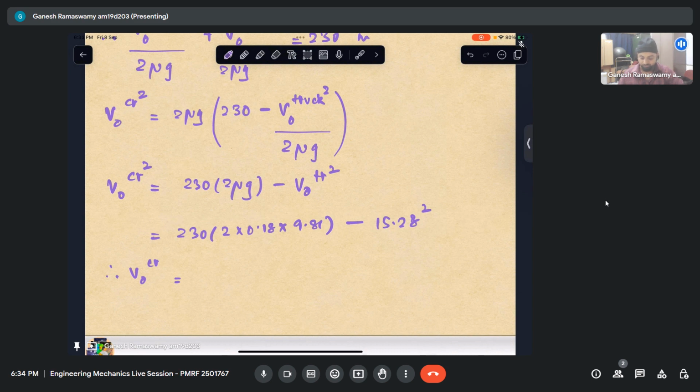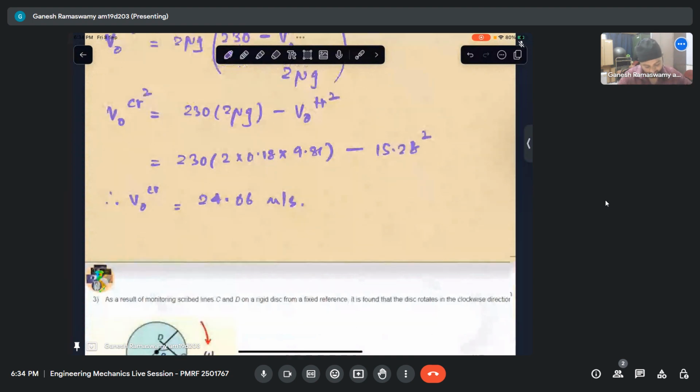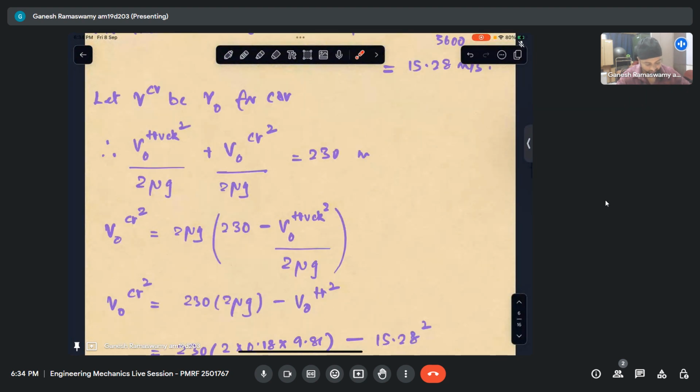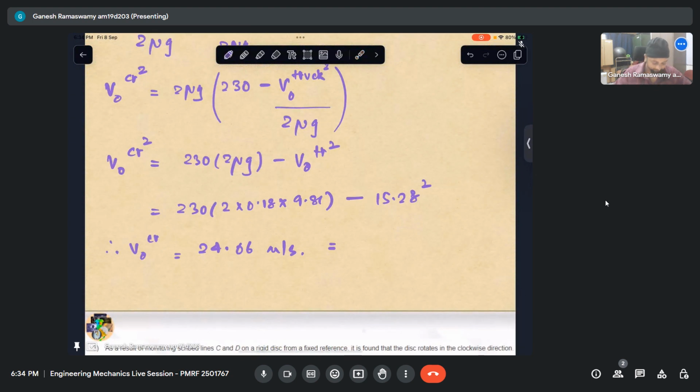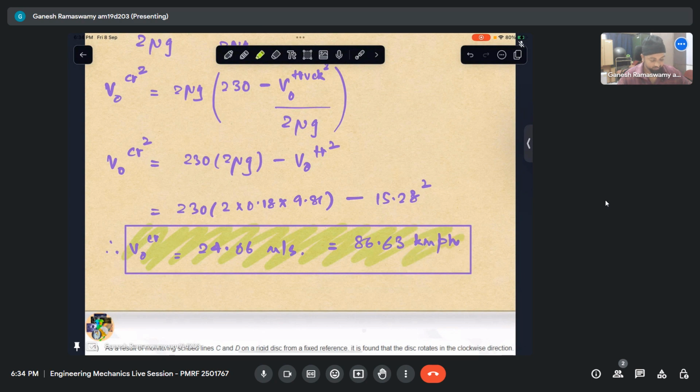So this comes to 24.06 meters per second. Now if we look at our question, it is asking us to report the quantity in kmph. So essentially we can just convert it back, multiplying by 3600 by 1000, which comes to 86.63 kilometers per hour. So this is the initial velocity of the car in the opposite direction. So this comes to 86.63.